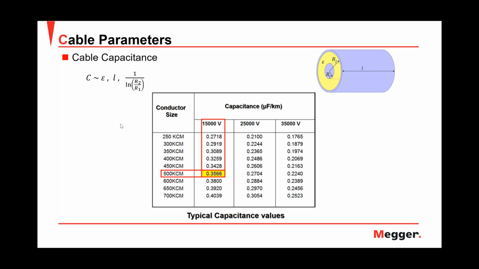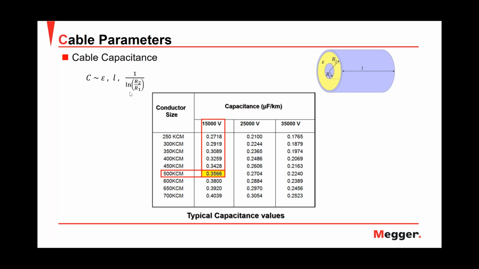The first parameter that I would like to talk about is the cable capacitance, and the cable capacitance depends on the material of the insulation. For that reason we have here epsilon, the permittivity of the insulation material in my cable. Then I will have the length of the cable, which is also important for the capacitance value.